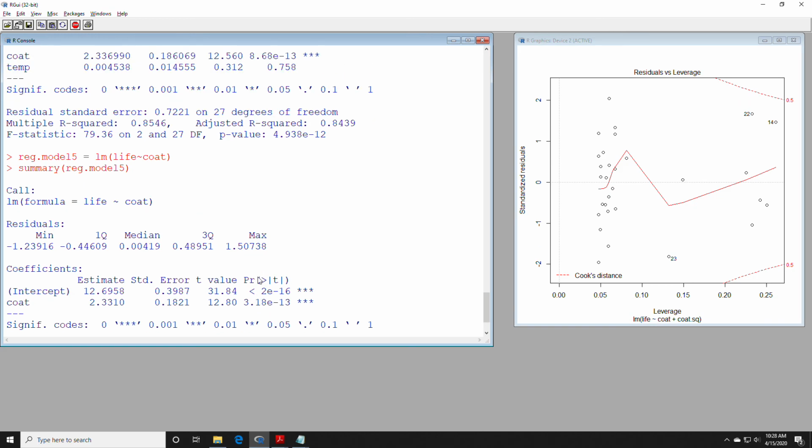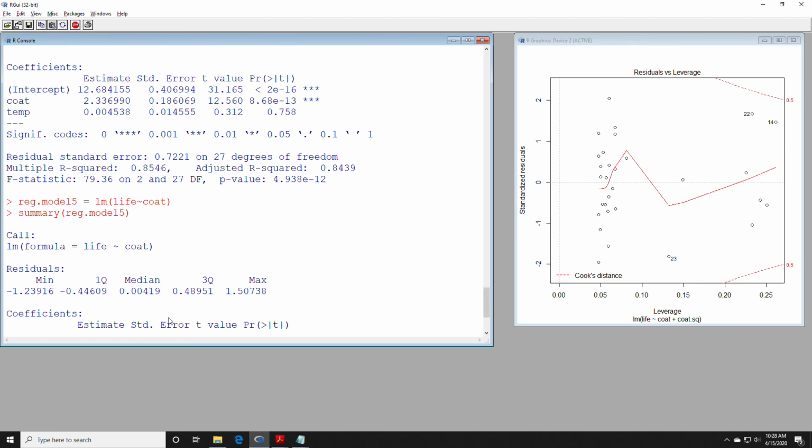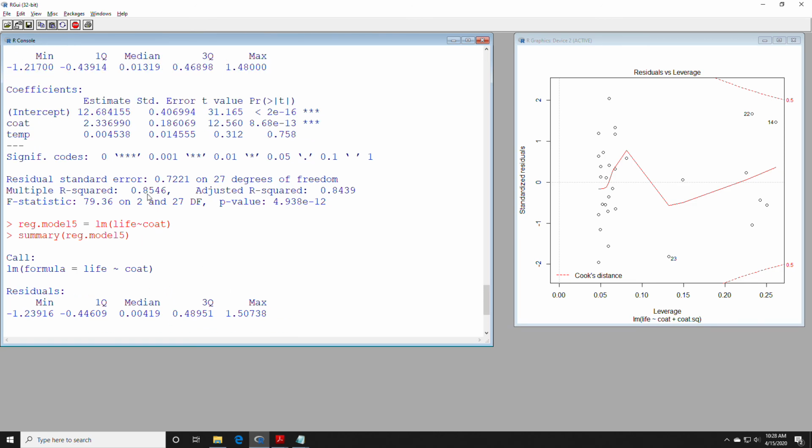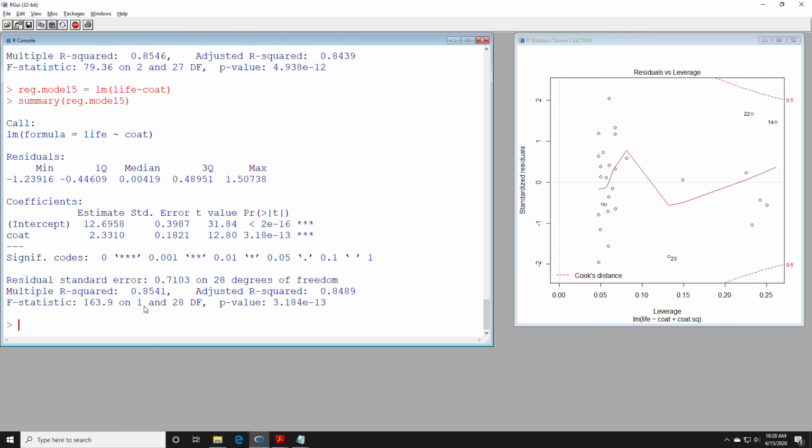And one thing to look at: how much variability in y did we lose by kicking out temperature? The model that includes only coding captures 85%, and the other captures almost 85.5%. So almost nothing more, another indication that we really did not need temperature in the model.